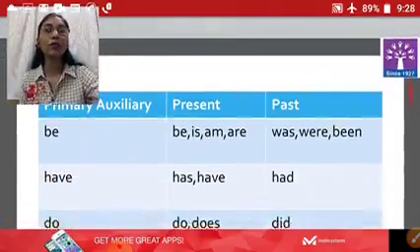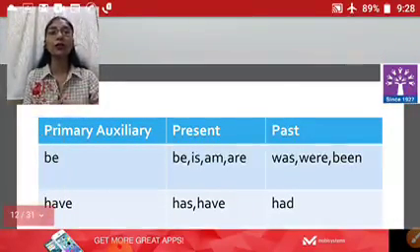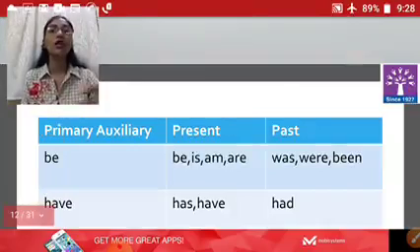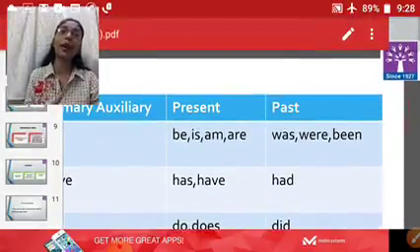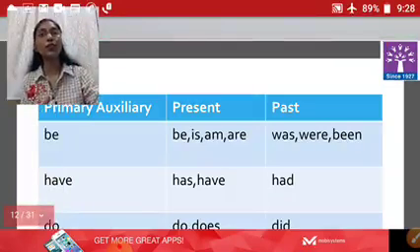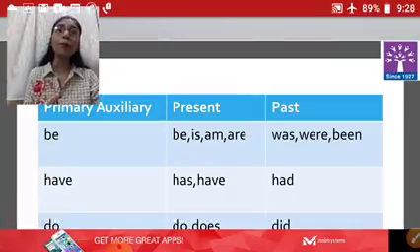Now we have got a table over here which helps us to understand what a primary auxiliary is. So basically we have primary auxiliary three forms, that is be, have and do, which also change as per the tense, that is present tense and past tense.